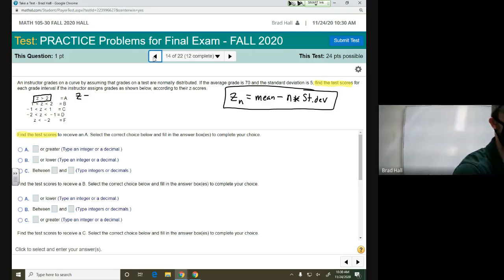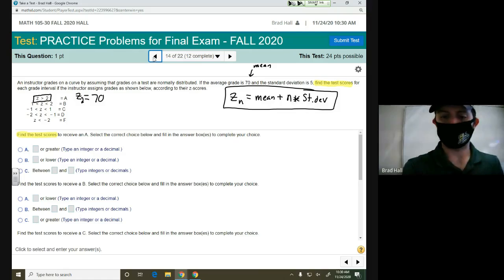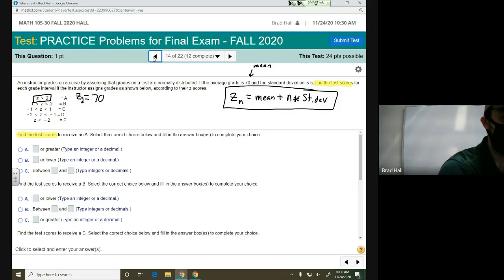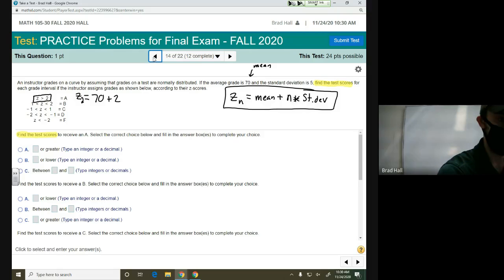If we're looking for a z-score of 2, well, the mean is 70, because they tell us right here. I don't know why I have minus. It should be plus. Sorry, it should be plus. So plus 2, because the z-score we're looking for is 2 above the mean, times the standard deviation, which they tell us is 5.